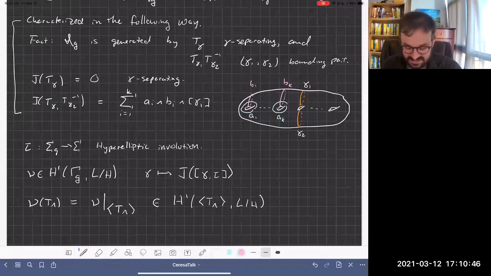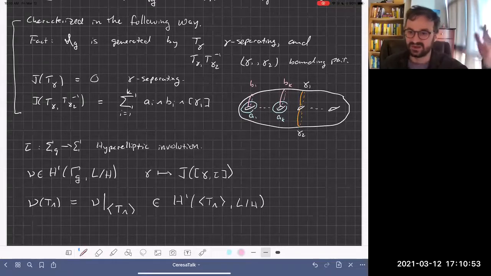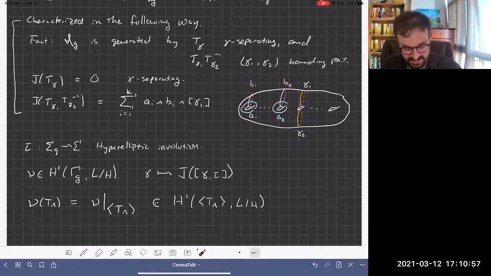Maybe here's a good place for me to pause and compare the topological Ceresa class to the L-adic Ceresa class.